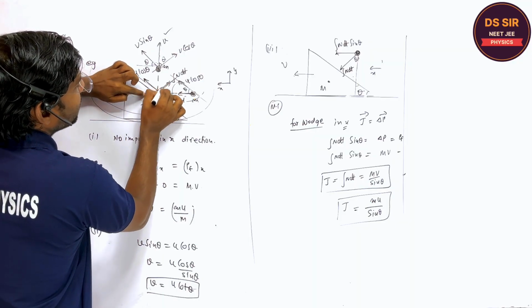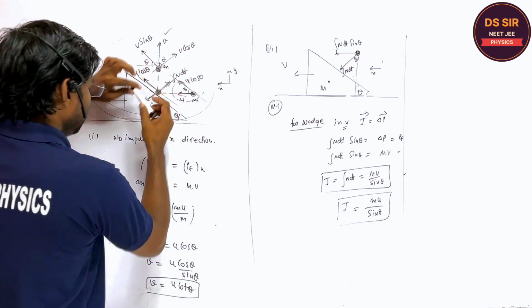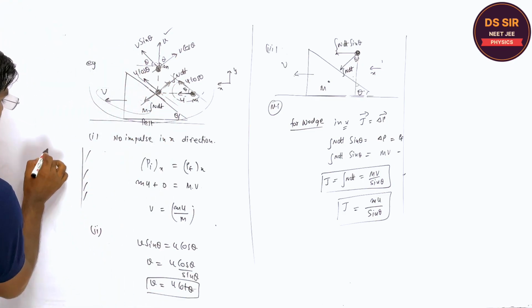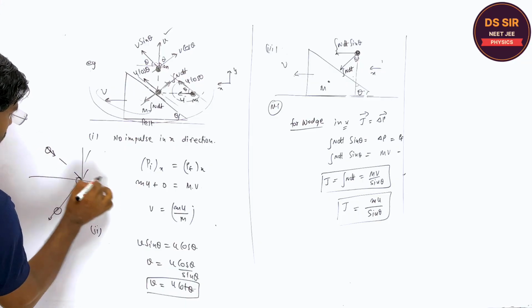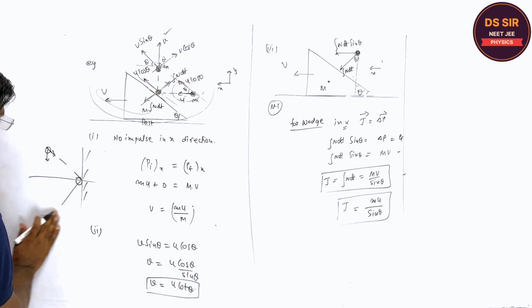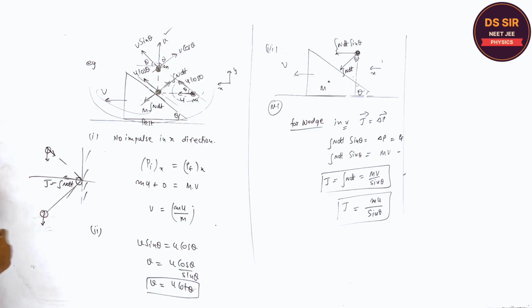The impulse is applied in this direction. Its momentum is not changing in this direction. For example, when we have done this type of question, if you remember, this component does not change. This component does not change. Only the impulse is applied in this direction. You may write the change in momentum in this direction.